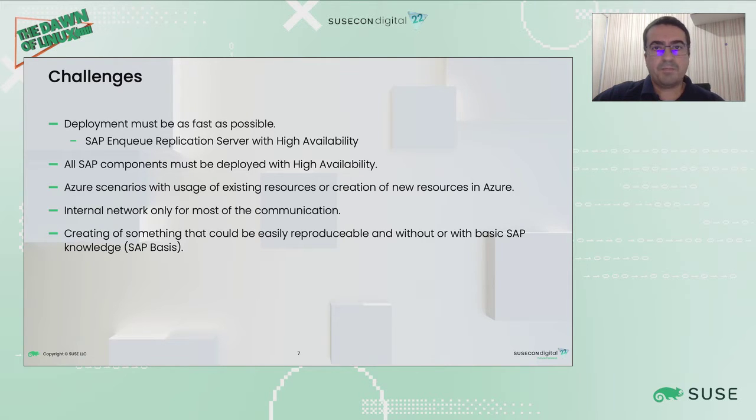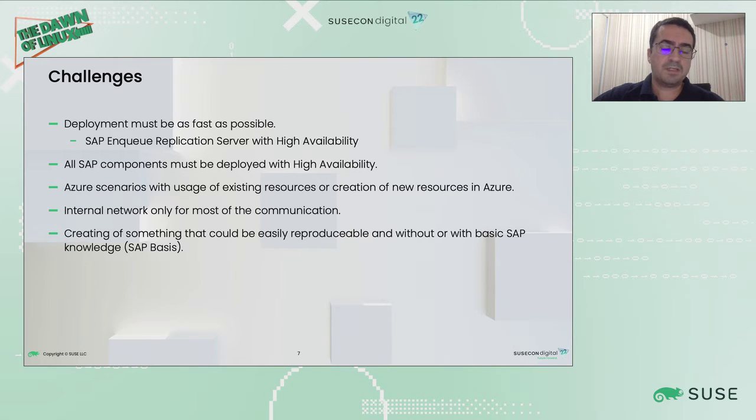We faced some challenges using the internal network for the communication. So we created some approaches here, creating a second load balancing, creating support for a NAT gateway, and creating something that could be easily reproducible and without or with basic SAP knowledge.